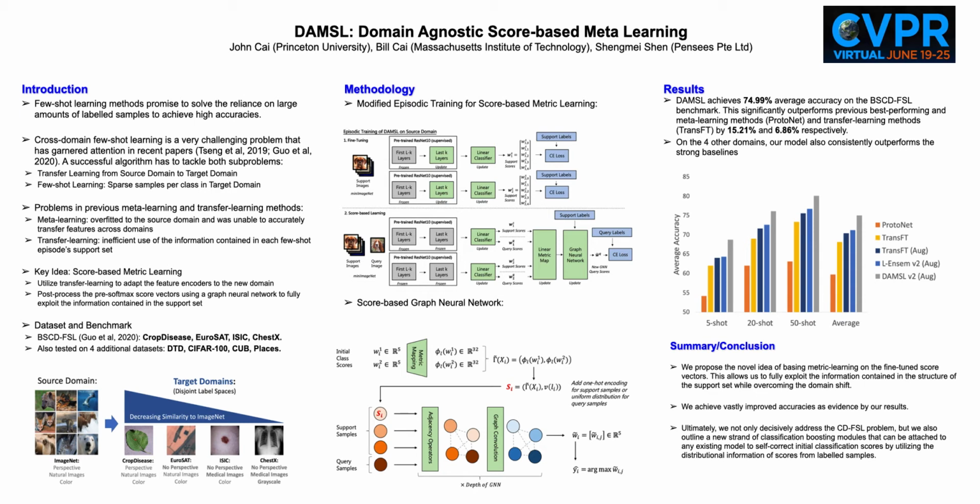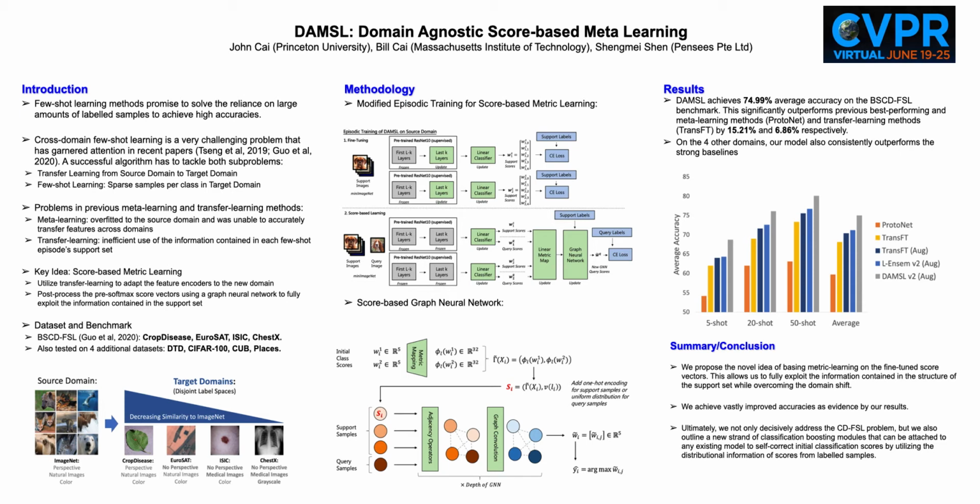So what I'm presenting here today is an easy, intuitive way to combine transfer learning with few-shot learning so that we can deliver greater outperformance in the cross-domain few-shot learning context.